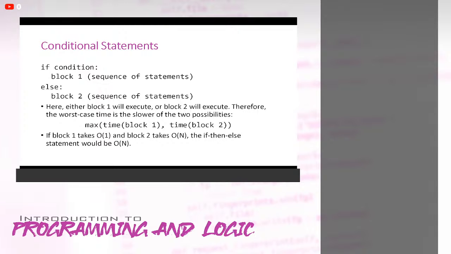Otherwise, we have some other condition executing, or maybe we just move on to the next thing. So when we look at complexity in relation to a conditional statement, a condition is only going to be as complex as its most complex part, as its worst case scenario. If you guys will remember back to last week, we were talking about the idea of worst case scenario.